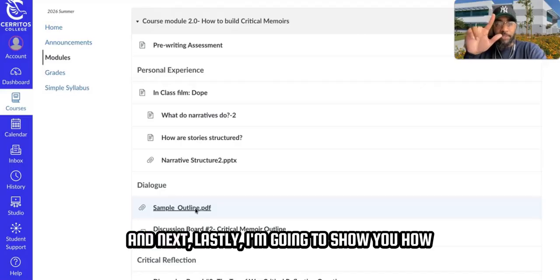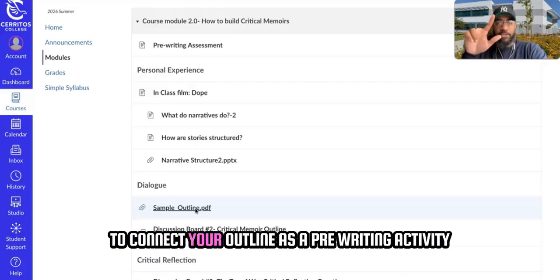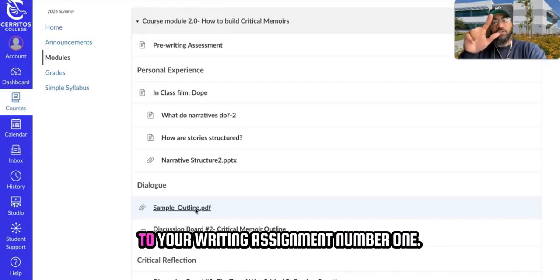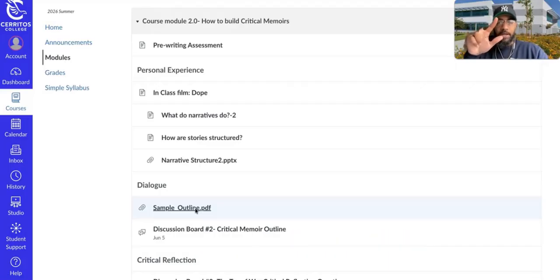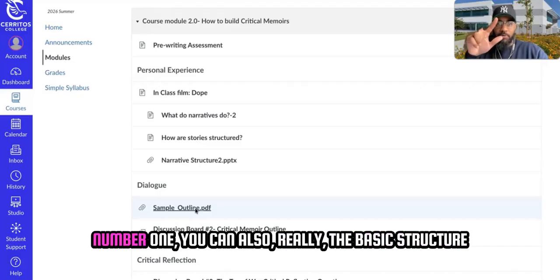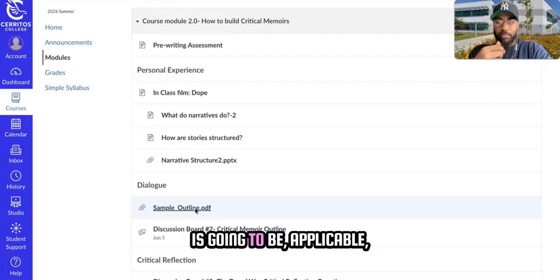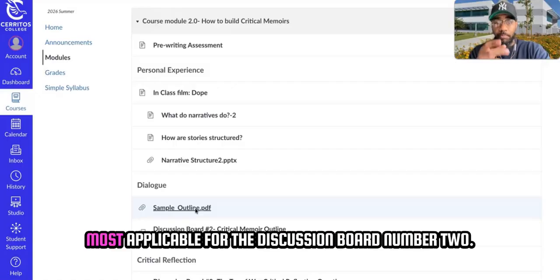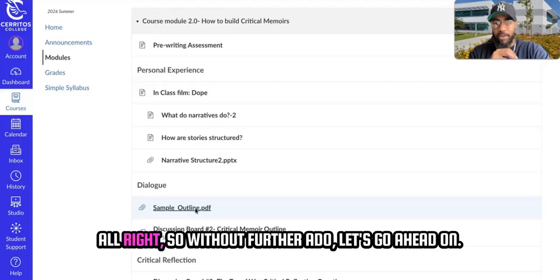And lastly, I'm going to show you how to connect your outline as a pre-writing activity to your writing assignment number 1, okay? And the basic structure is going to be most applicable for the discussion board number 2, all right? So without further ado, let's get started.